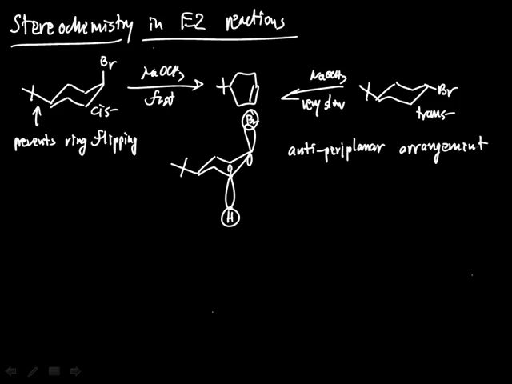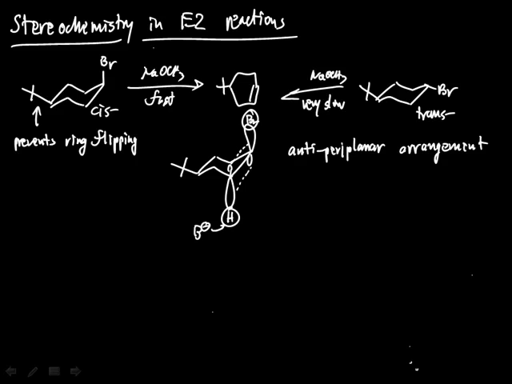This arrangement is productive since the base can grab this hydrogen and simply enhance this interaction that is already in its infancy here, between the small back lobe of the C-Br bond and the large lobe of the C-H bond.